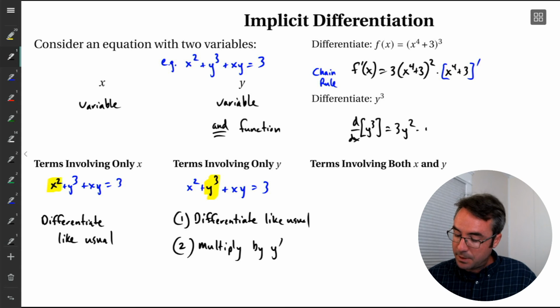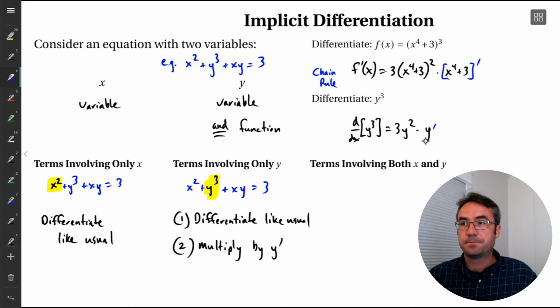But then we're going to multiply by the derivative of y, so we're going to multiply by y prime. Just for the same reason that here we had this function, f of x was x to the fourth plus 3 raised to the cubed, and that inner function was an explicit function. There were x's in there, and it's explicitly written. So we did chain rule.